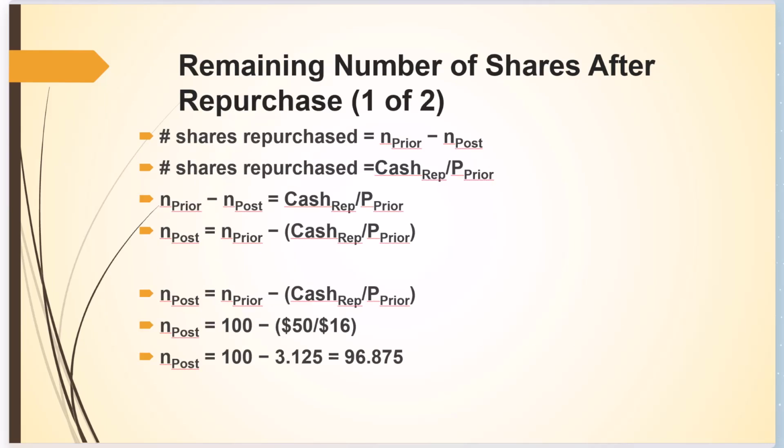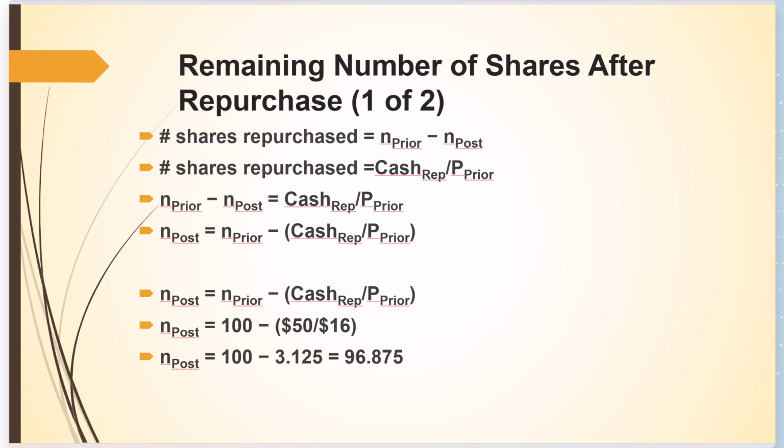So physically, how does this actually happen? We need to figure out how many shares we're going to repurchase. For the number of shares repurchased, we take the number we had in the beginning and subtract how many we have at the end. That tells us how many we actually repurchased. Also, we take the amount of cash we are going to distribute and divide that by the current price.